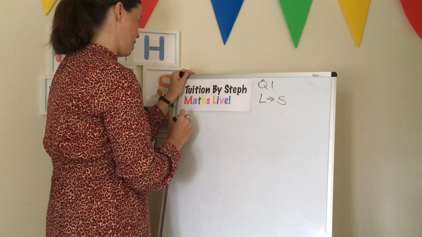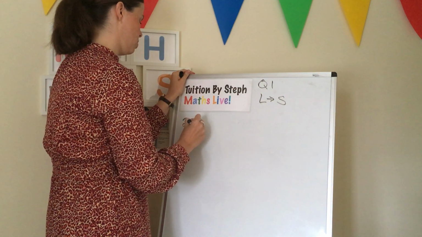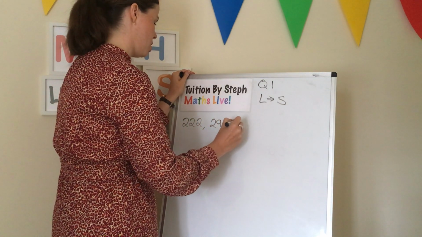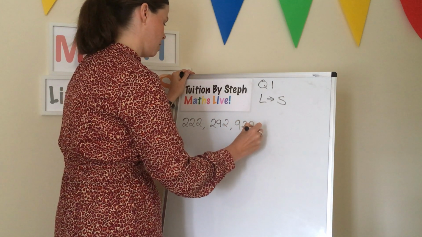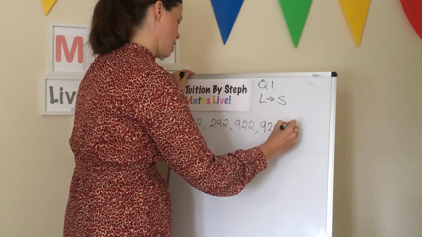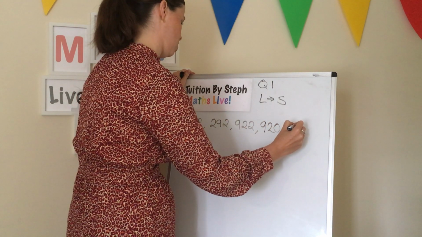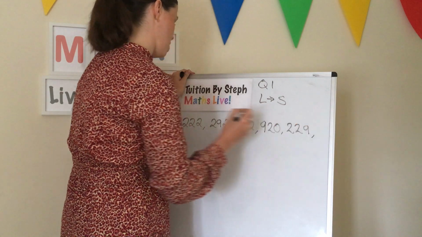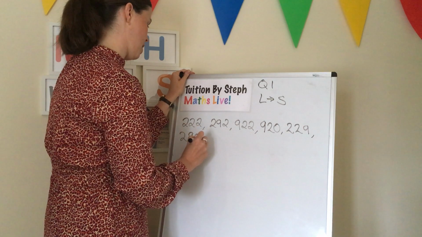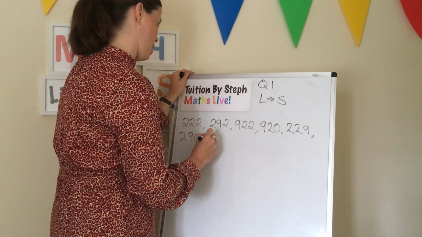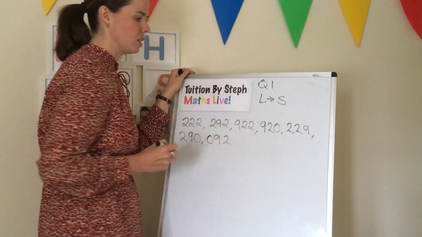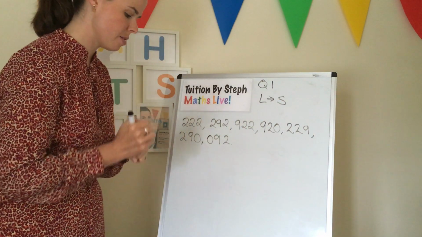And I'm going to say 222, 292, 922, 920, 229, 230, 90, and last of all, 092. Okay. Largest to smallest, pause it, have a go.